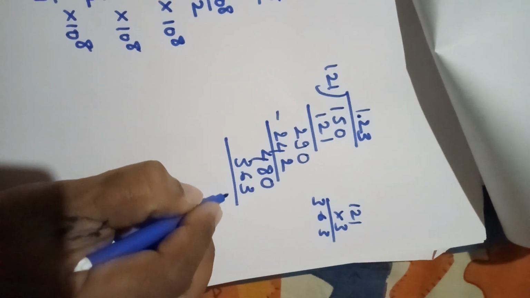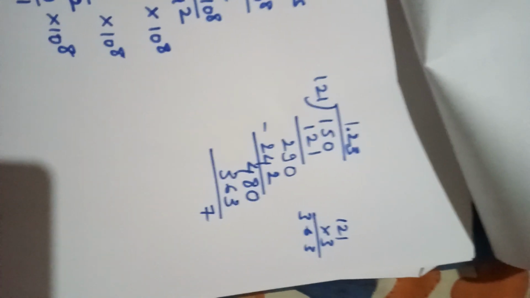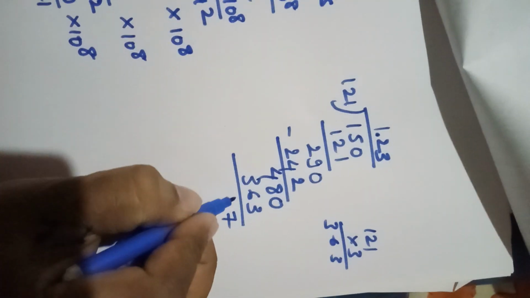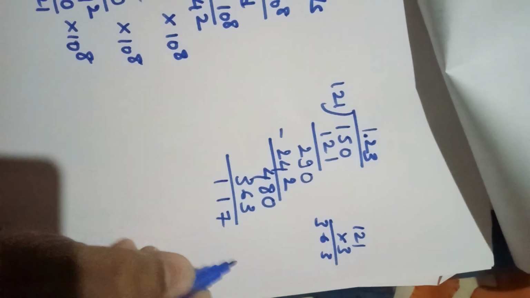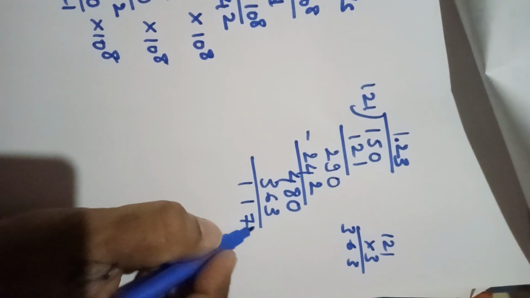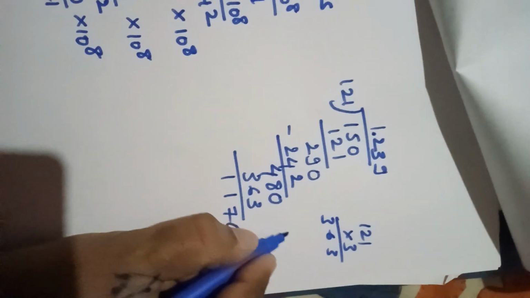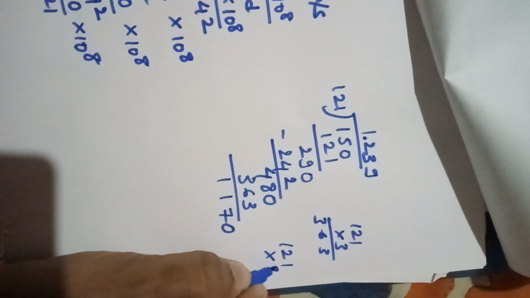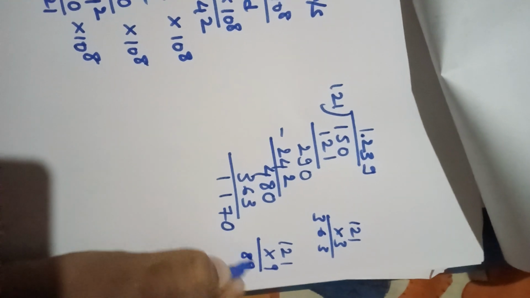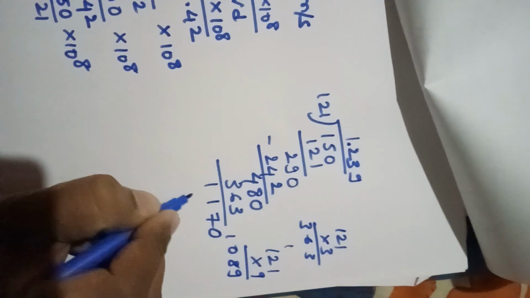Now if you subtract, this will be 117. Now we can take a 0 here, so obviously we'll try by 9. So 121 into 9 is 1089.